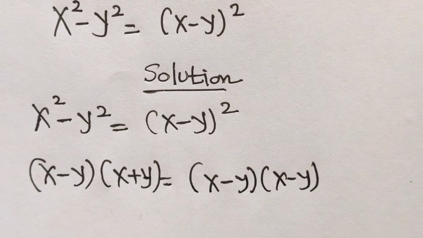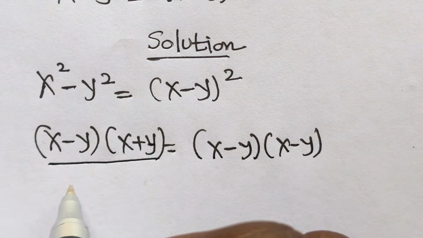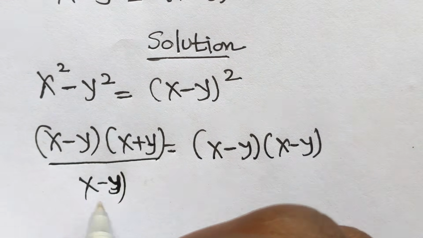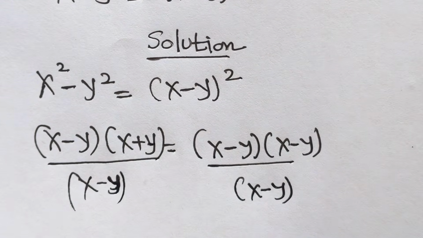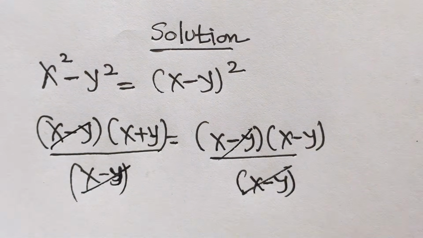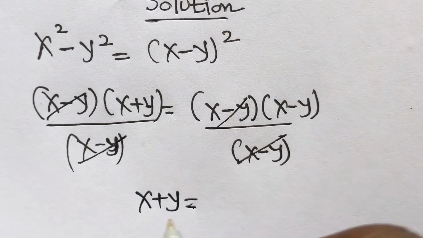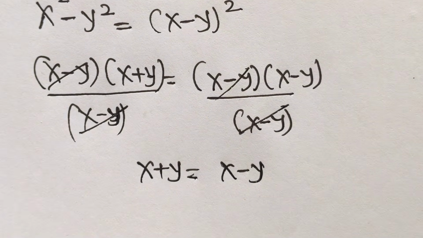Right at this stage, we shall divide by x minus y because x minus y is common, right? And then this and this will be cancelled, to get x plus y is equal to x minus y.